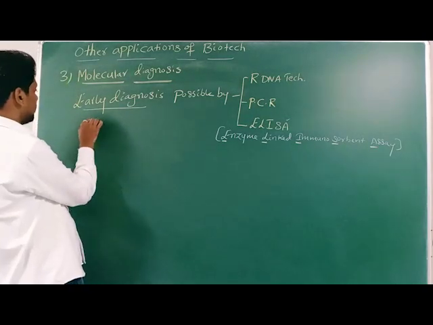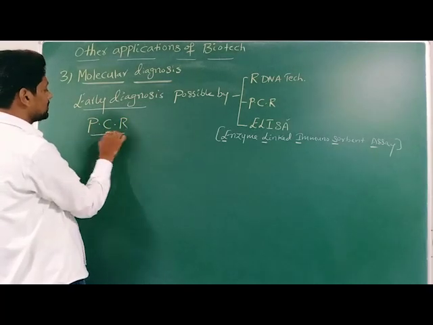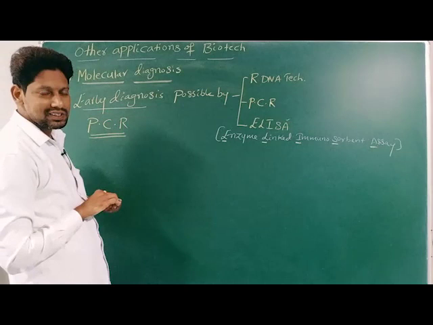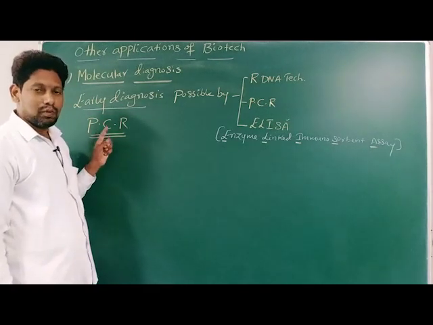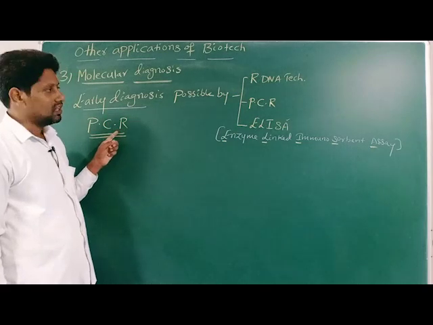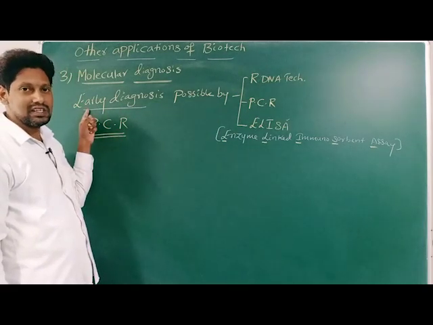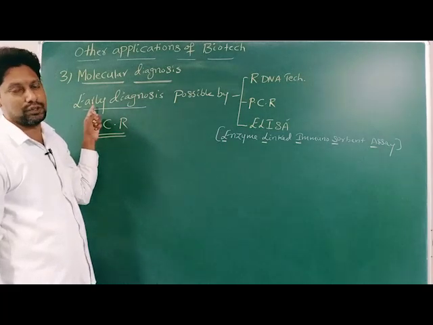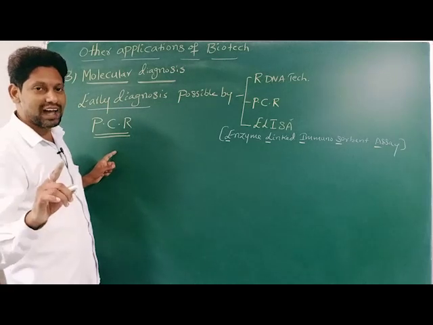Now, listen to this statement. PCR. What is the full form of PCR, sir? Polymerase chain reaction. Sir, this PCR is one of the techniques to identify the disease before disease symptoms are produced. Before disease symptoms are produced, the pathogen is identified.